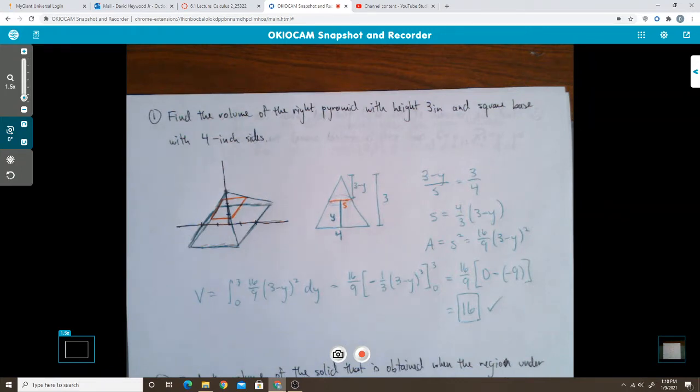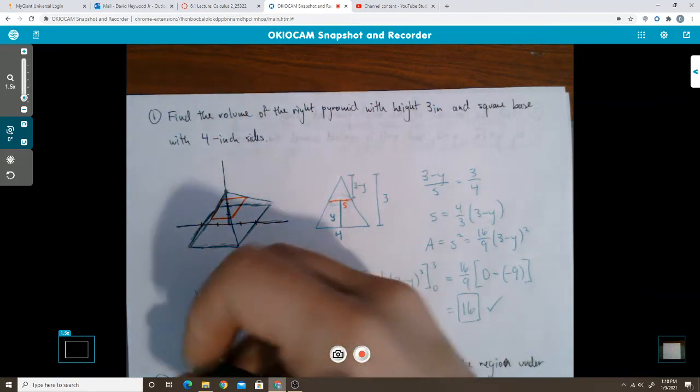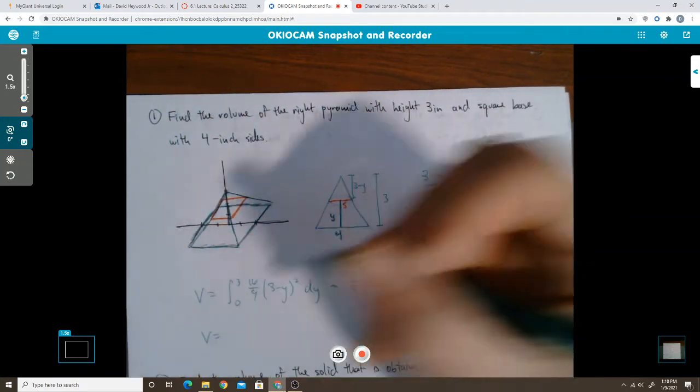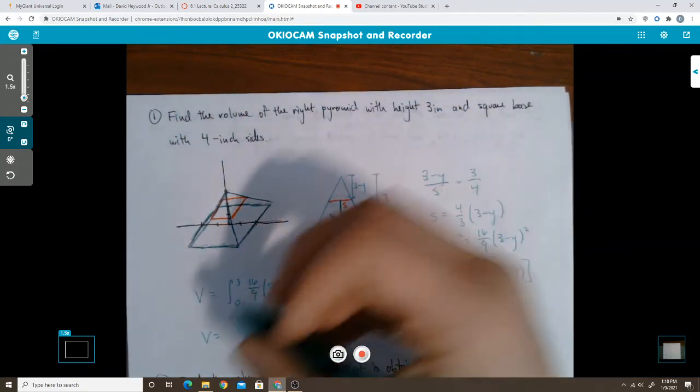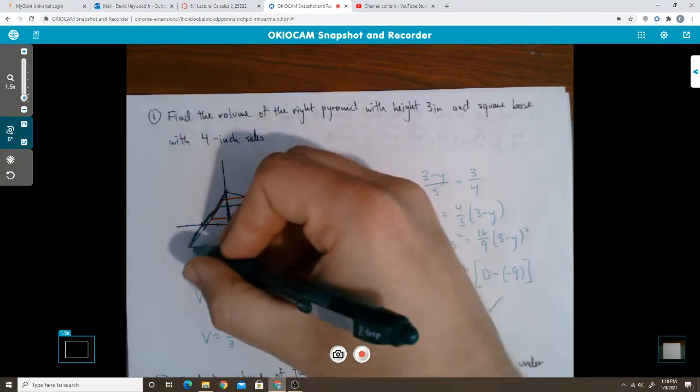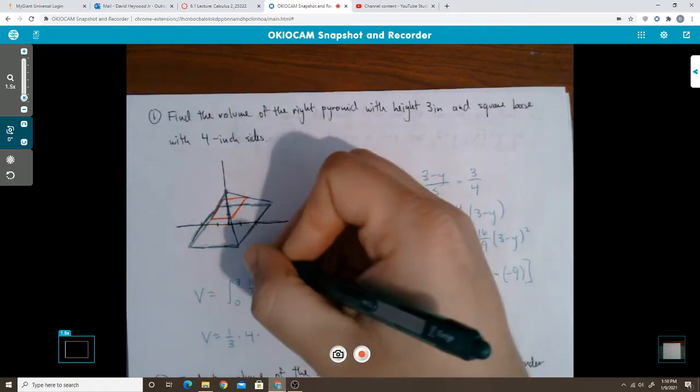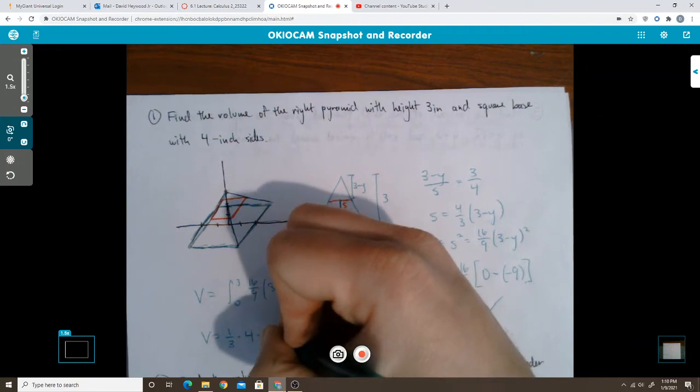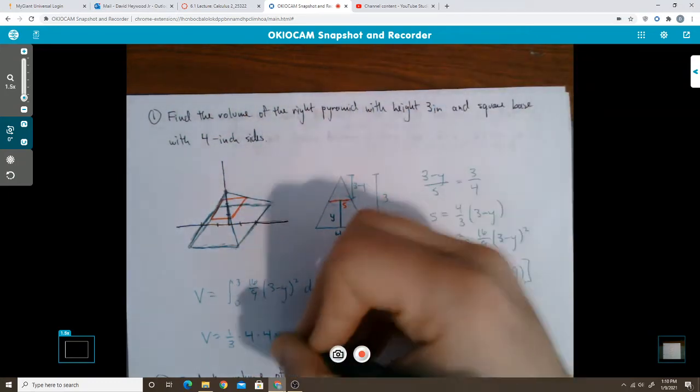The prism would be length times width times height. Yeah, so the volume of this pyramid would be 1/3 times length times width times height, which is 3.